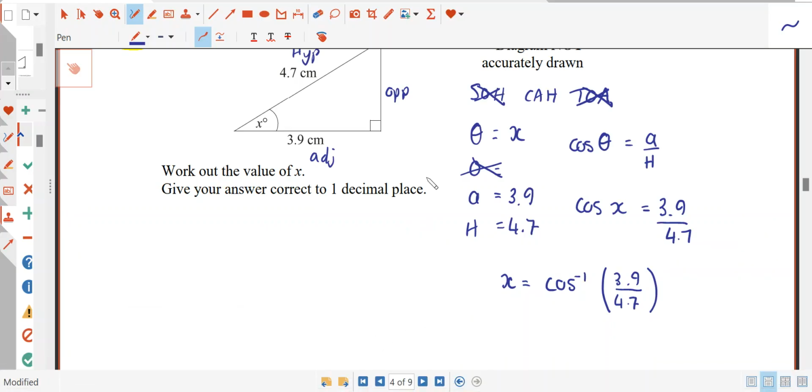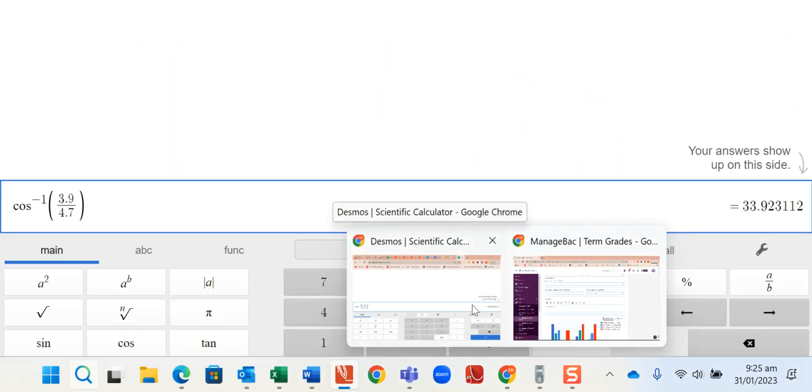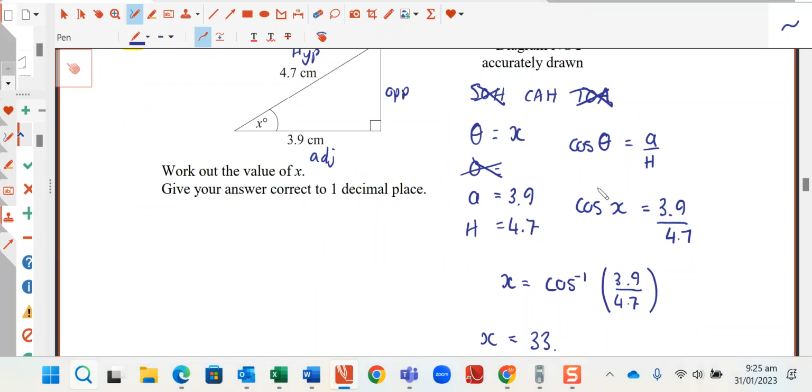This is where you can transfer it in the assessment. You can just click, copy and paste and put the whole thing in, so we don't have to remember or write things down. So we get x equals 33.923.